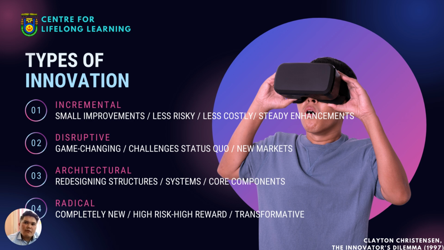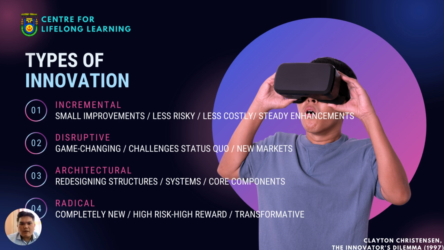Another example of disruptive innovation is, if you've been using ChatGPT, that is also completely disruptive innovation, because it changed the way people do things and deal with things. The third one is architectural innovation.